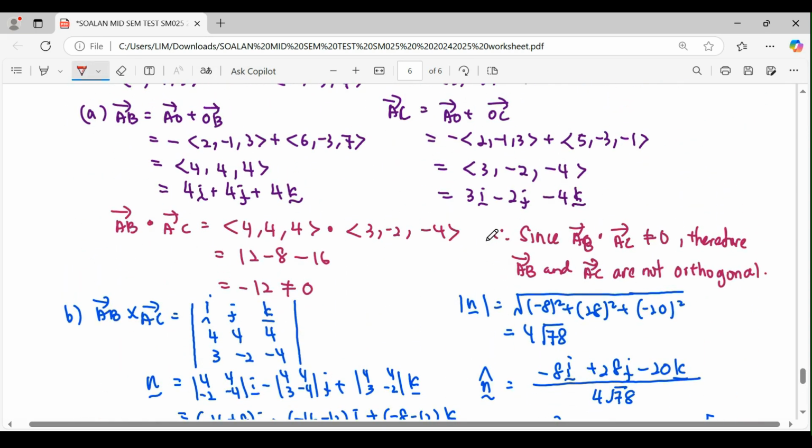So at first, when you want to find out the point of A and B, so this is your method: AB plus AC or AC plus AO plus OC. So that is method for these two, and your answer in vector. And then to determine whether it is orthogonal, that will be your concept of dot product.